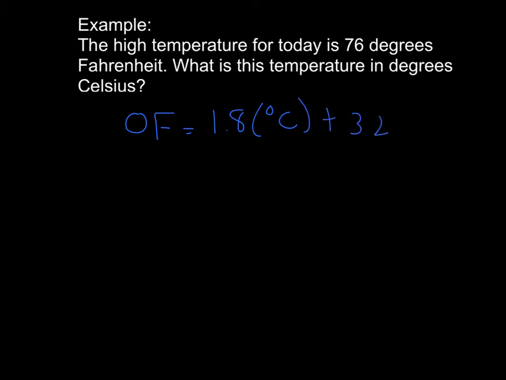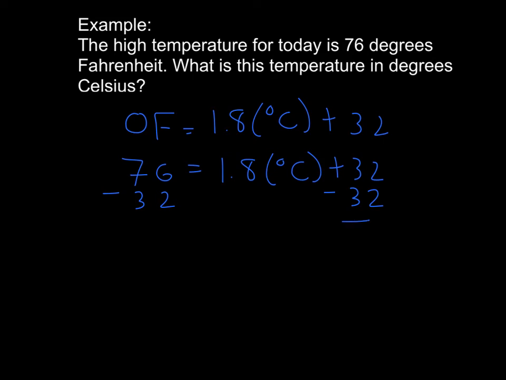Now we have Fahrenheit, we need Celsius. So we're going to plug in 76 where we see degrees F. So 76 is equal to 1.8 times degrees C plus 32. Now it's time for our algebra skills to kick in. We've got to solve for C. So we subtract 32 from both sides, and we get 44 equals 1.8 times the degrees Celsius.